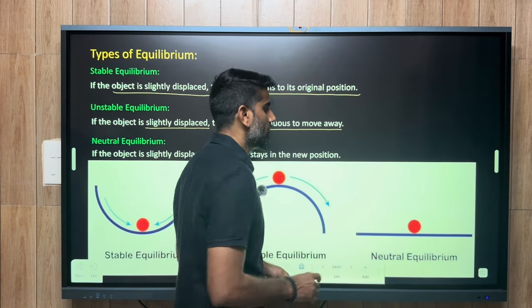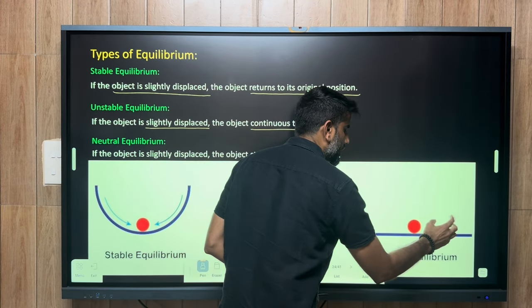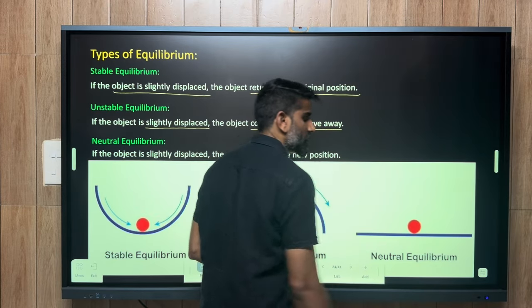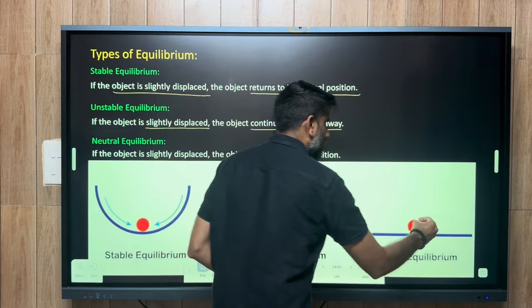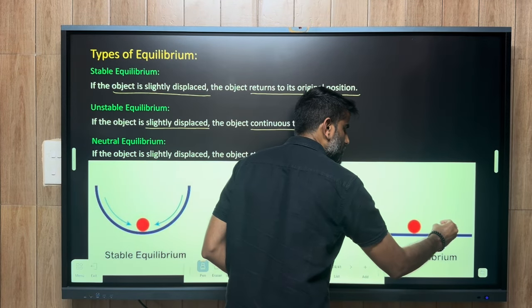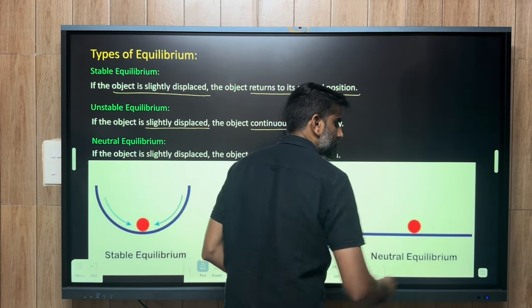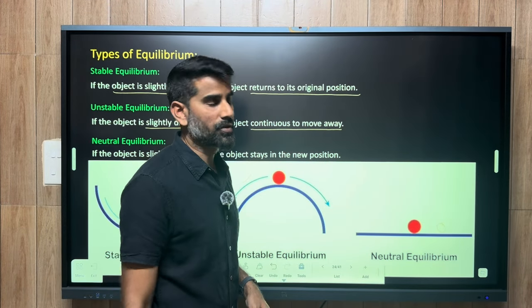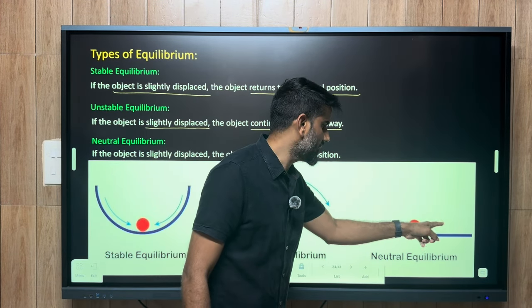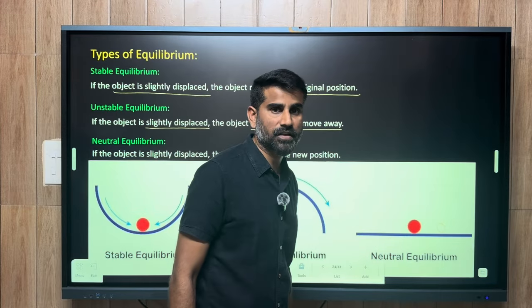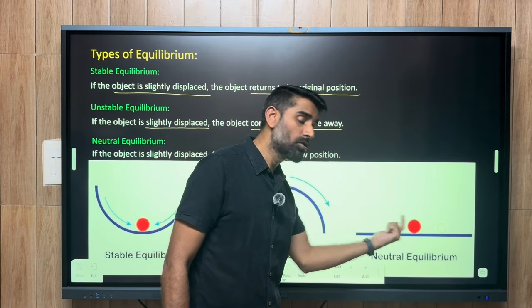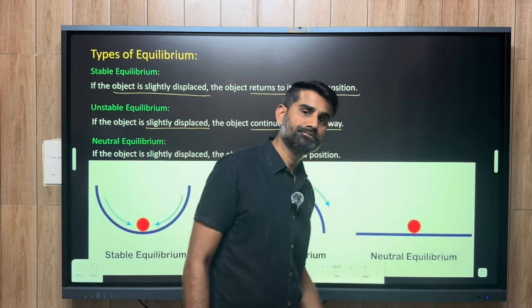Now what I am going to do is displace this marble slightly, give a slight push, or displace it and keep it here. I'm displacing this object slightly, slowly to this point. Then what happens? This marble will stay exactly where it is. It is neither coming back nor moving away.